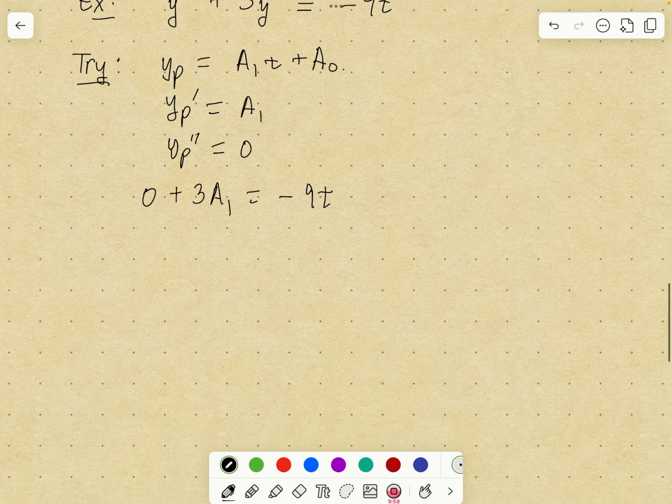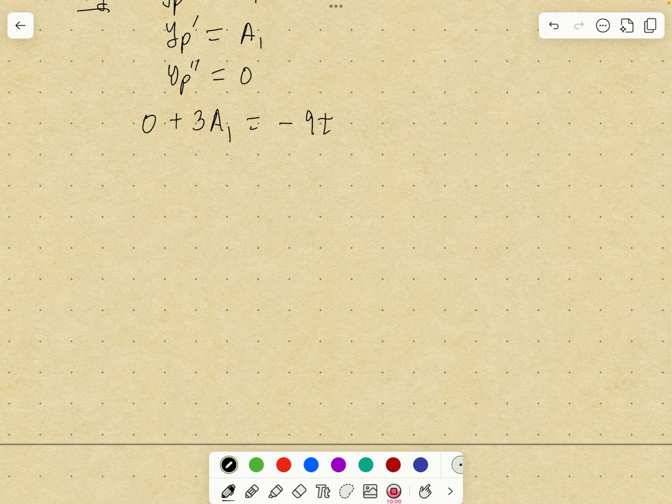And now do you see what happens? On the left, you have a constant, right? Your a1 is a constant, but here you have something in terms of t. And this needs to be true no matter what t is. So there's no solution.